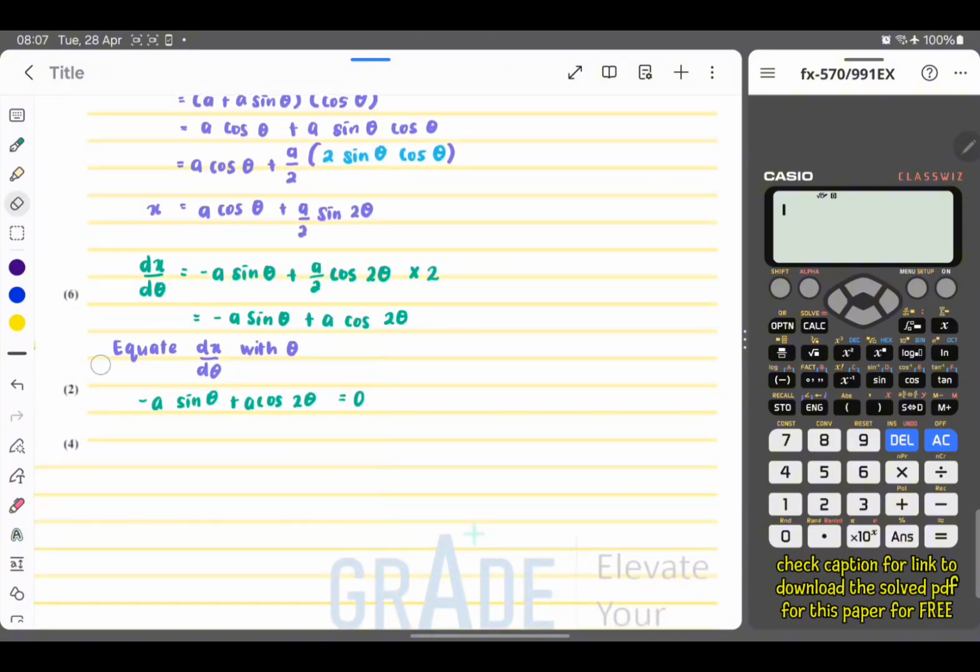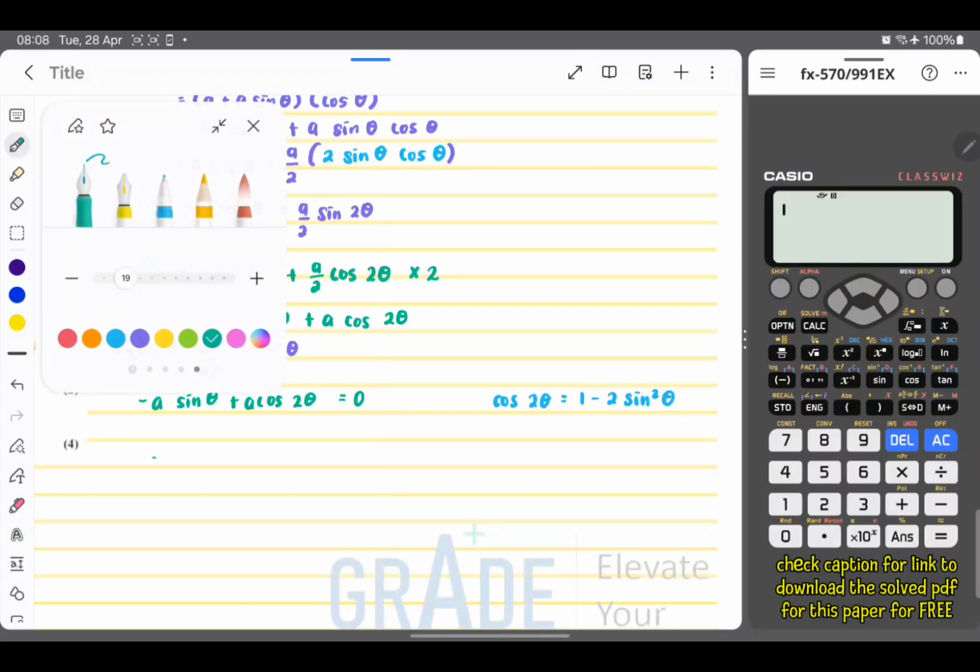Let's use another identity. We want to make sure that we have our equation solely in sine. So cos 2θ = 1 − 2 sin²θ. This is what will be substituted into our equation.